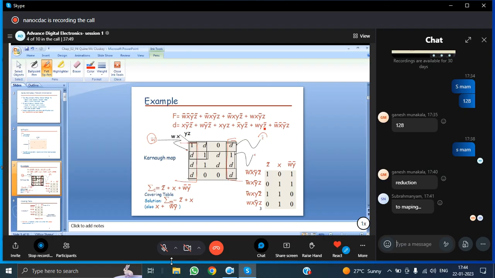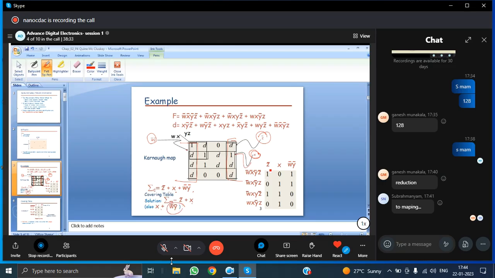For this, z bar is the product term, and here if you are taking this one, x is the product term, or we can call this group a prime implicant. The total equation that you are getting is z bar plus x bar plus w bar y bar. The solution for the covering table will be z bar plus x bar. Also you can write it as x plus w bar y bar.